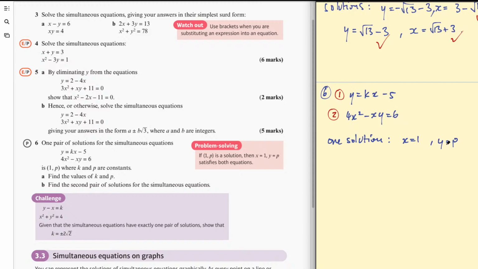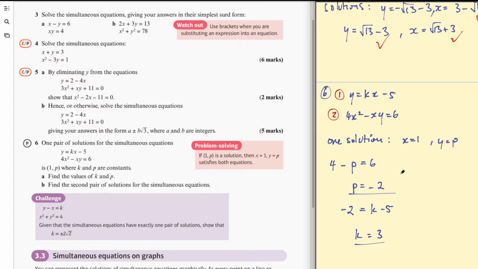So if x is equal to 1, we can substitute that into equation 2. This would be 4 take p, because y equals p, equals 6, and then p is equal to -2. In other words, y is equal to -2, so then using the first equation we get -2 equal to k take 5, so then k is equal to 3.